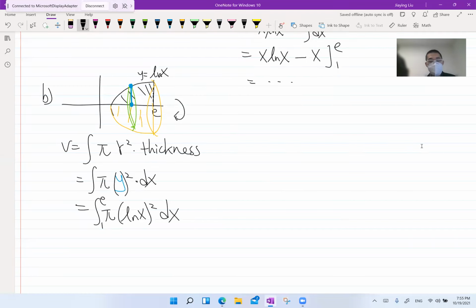Okay, so what do we do from here? There are a couple of things you can do. You can try to use integration by parts again by calling this part u and this part dv. I didn't fully work out this problem, but I tried, and integration by parts seemed to work. You might try another approach.